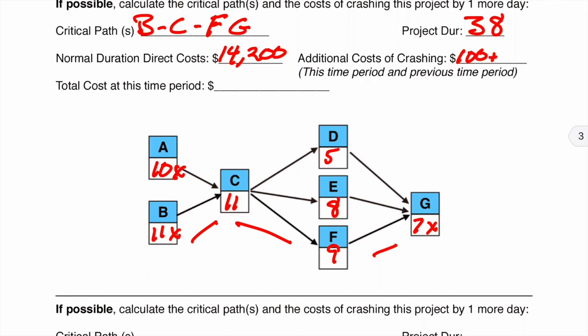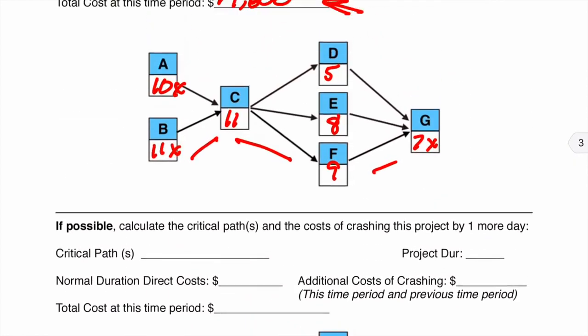It doesn't matter if you write this down each time. If you want to just carry forward the cost of the last time period and only add the new costs, that's fine as well, just as long as they accumulate. Okay, so that's our cost to get this project down to 38 days.